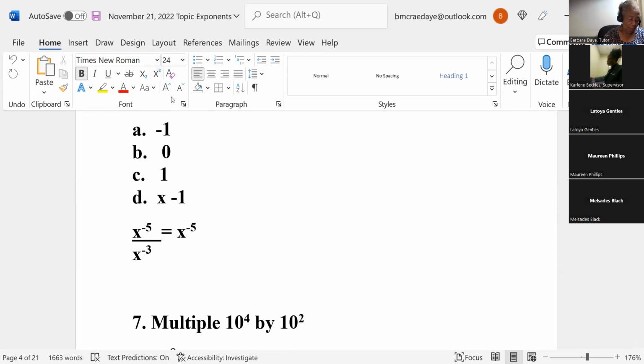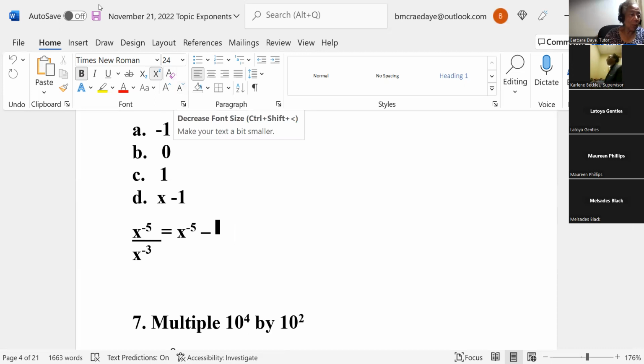Minus 5 minus a minus 3, right? One of the minuses is for subtraction. Okay, so this would be, you put minus 5 minus a minus 3.